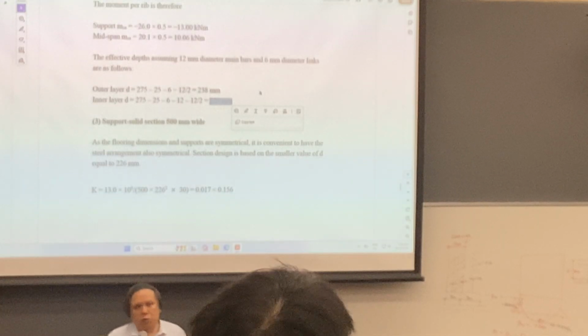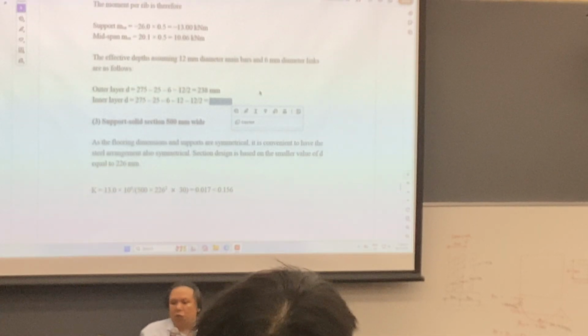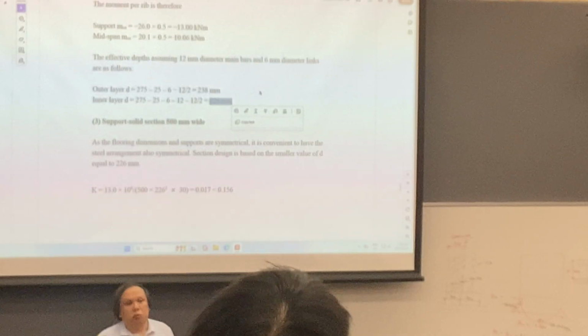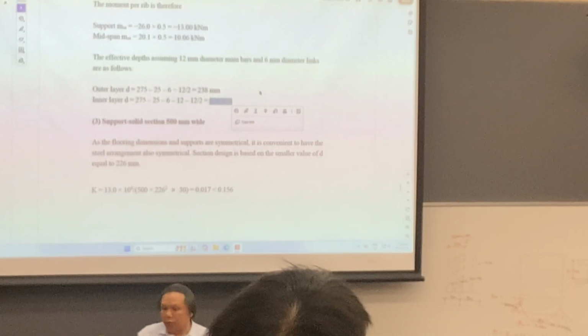If we want to use one reinforcement for both sides, of course we can choose d equal to 226. That is the most convenient one, okay?